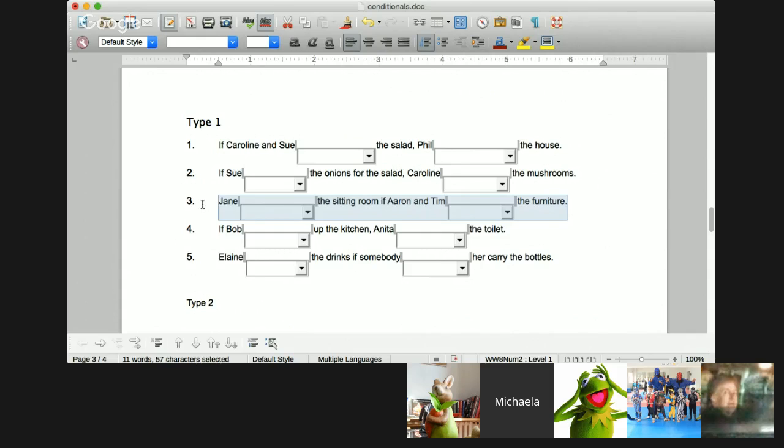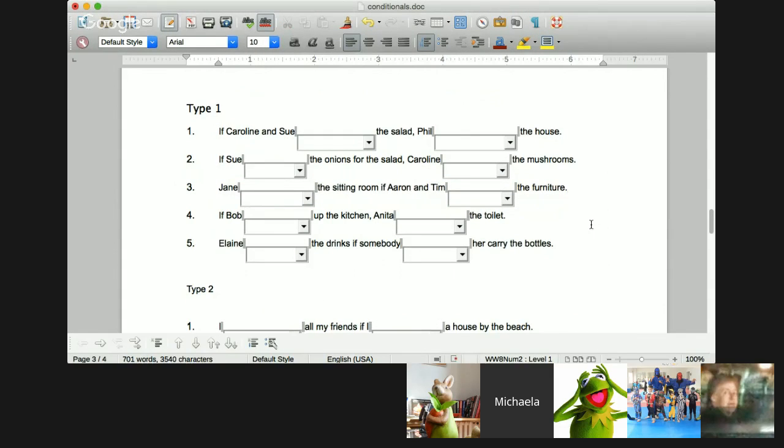Okay, Jane will set up the sitting room if Aaron and Tim bring the furniture. Awesome. Perfect. Thanks, Eunice. Number 4, Claudio. If Bob cleans up the kitchen, Anita will clean the toilet. Okay. Good job. Nicely done.